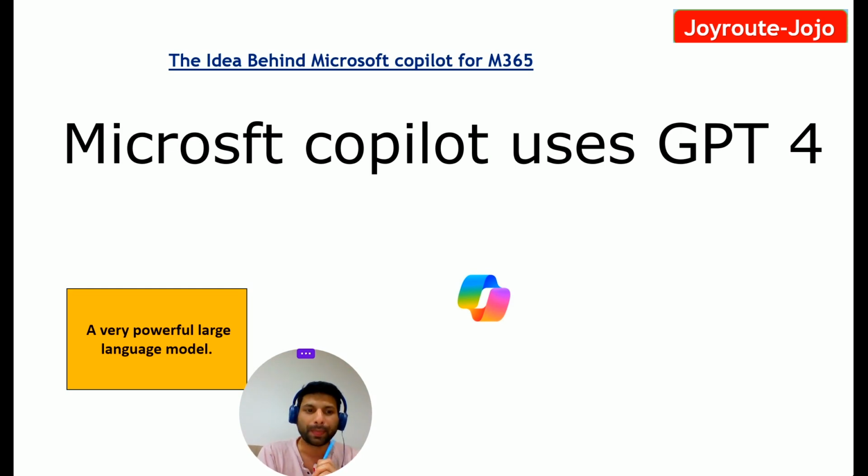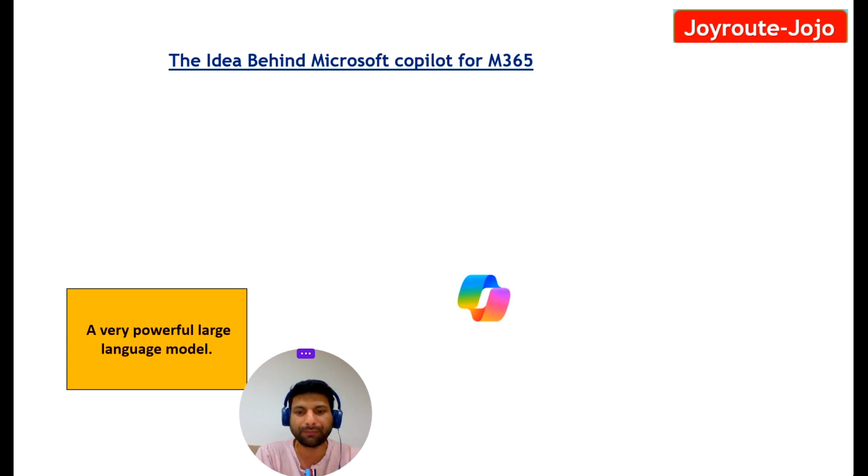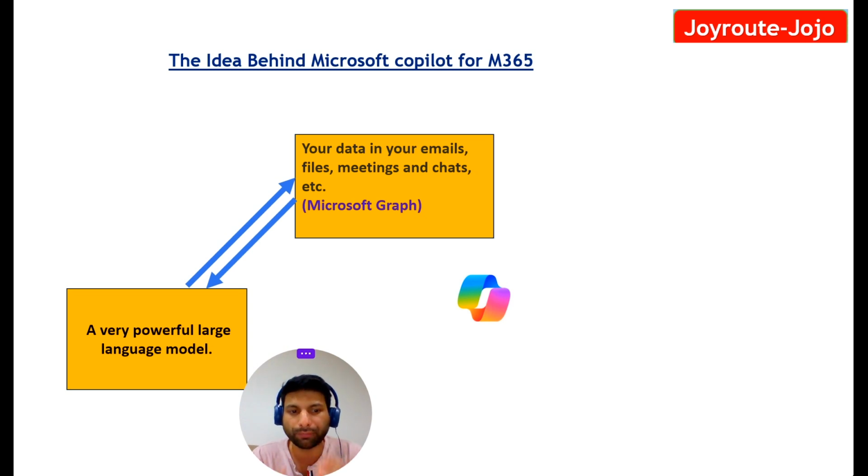The nice thing is that Microsoft has a partnership with OpenAI, the makers behind ChatGPT and GPT-4, which means whenever they release a new model, Microsoft will likely integrate it into Copilot, which is very exciting. Next, you have a lot of rich data in your emails, files, meetings and chats.